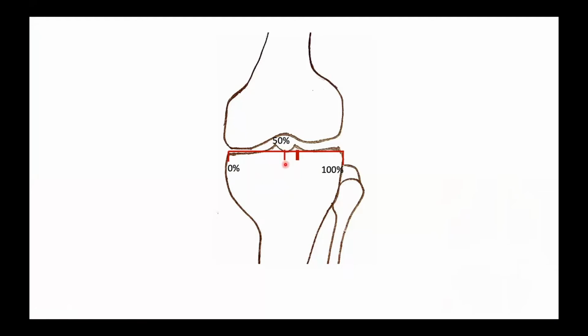And he defined one more point at about 62.5% from the medial tibial plateau, and this is the weight-bearing line he defined. So the weight-bearing line passes through this point. This is not the middle, but rather slightly towards the lateral.